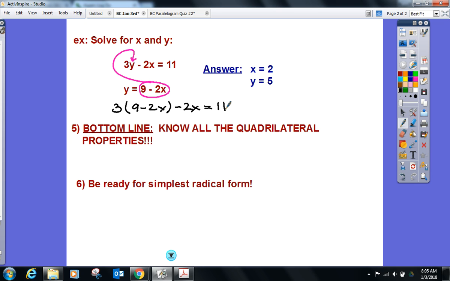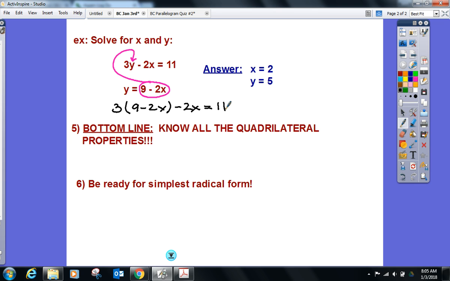How do you get the y value then after you're done? I got the value of x, I'll get 2 probably. How do I find the y value? Either one. I can plug the x in here, or plug the x in here and solve for y.